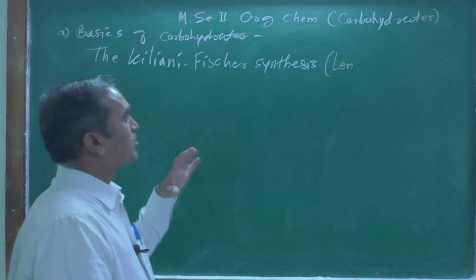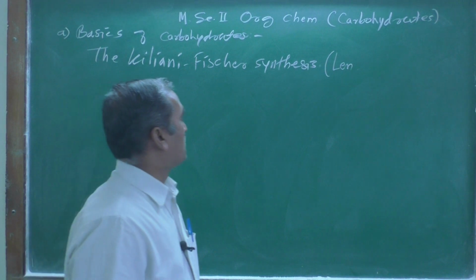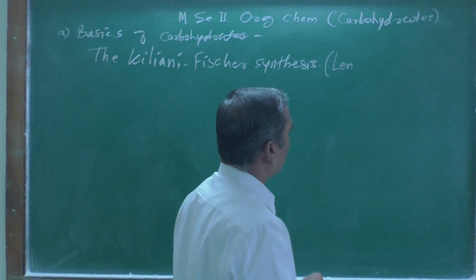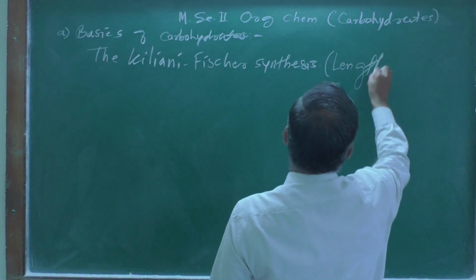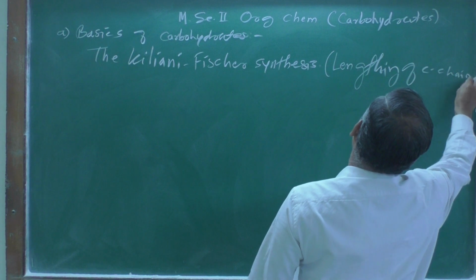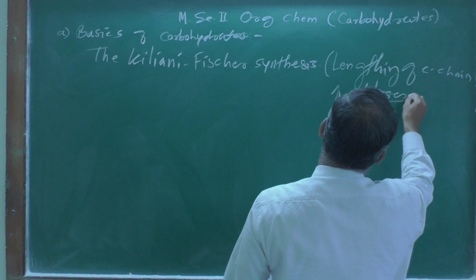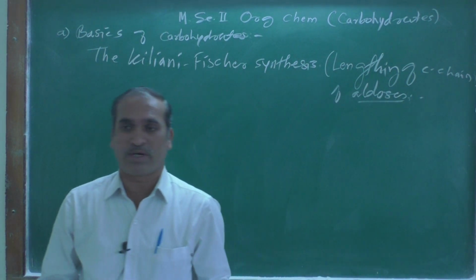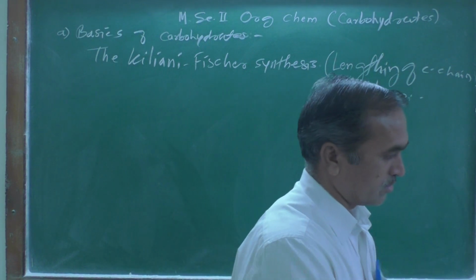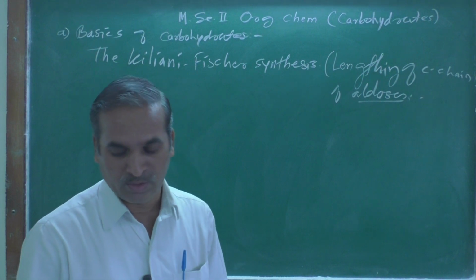That is the basic thing we are going to learn, and that method is known as the Kiliani-Fischer synthesis. It is the lengthening of the carbon chain of aldoses. Aldoses are carbohydrates containing polyhydroxy groups and an aldehyde group; that is the type of thing we are going to synthesize.